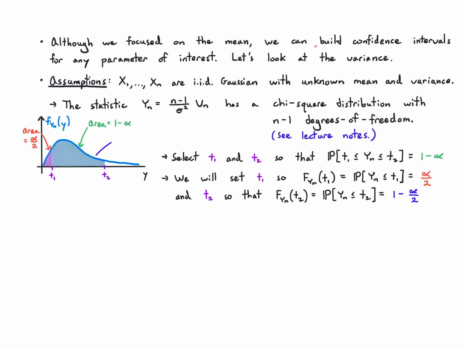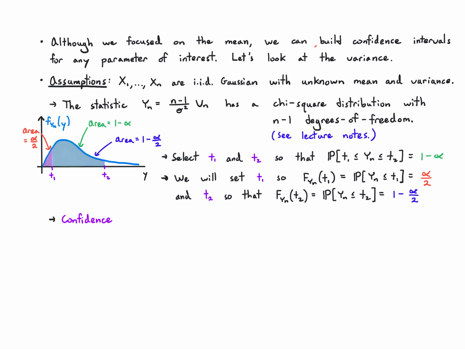So this starts at T2 and it absorbs everything to the left, and it goes all the way to the left. The reason I've done that is so that I can reuse this CDF function. So those are the 2 things that I need to keep in mind. I'm going to pick T1 so that when I plug it in, I get alpha over 2. And I pick T2 so when I plug it in, I get 1 minus alpha over 2.